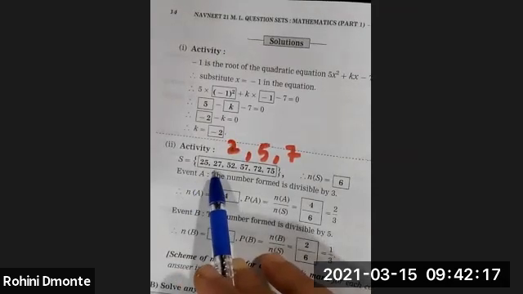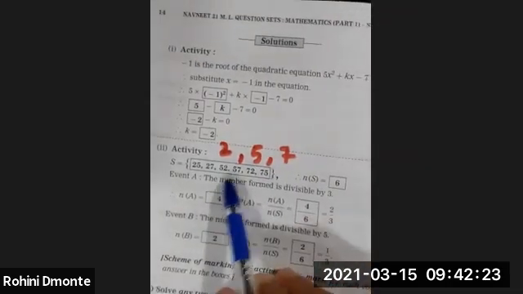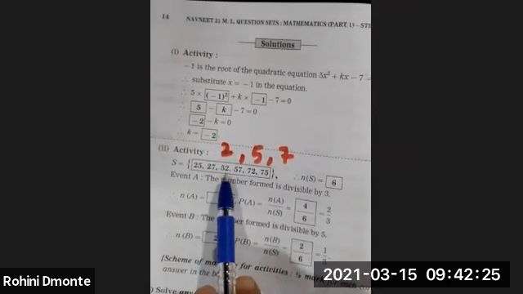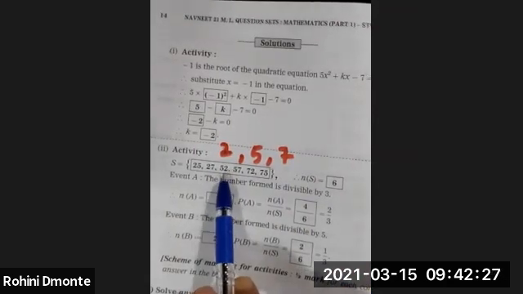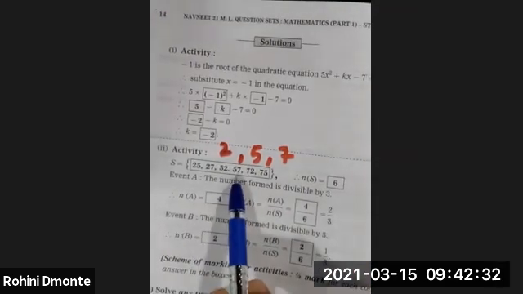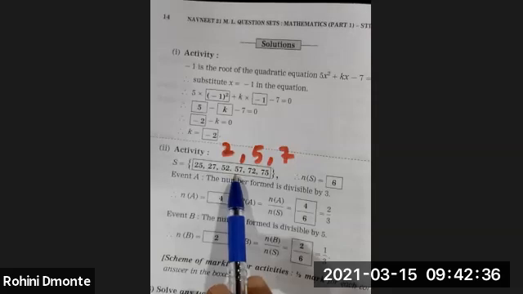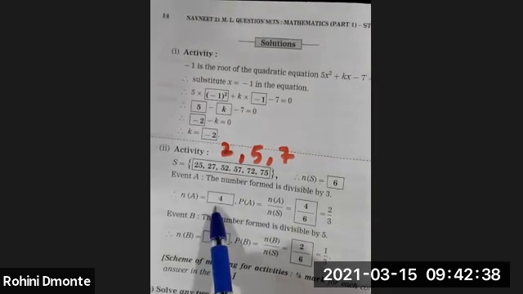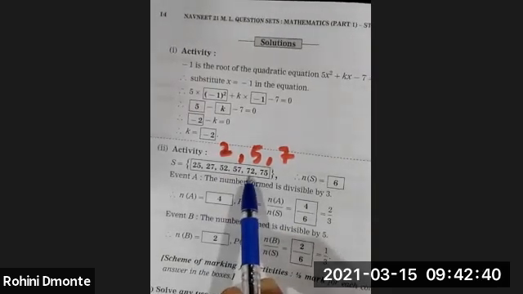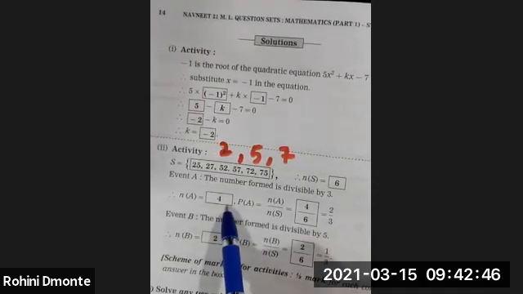Now let us try for 27. 2 plus 7, 9. 9 is divisible by 3, right? Now let us move to the next number, 52. 5 plus 2, 7. 7 is not divisible by 3, so it is not coming here. Now let us move to 57. 7 plus 5, 12. 12 is divisible by 3, so it is coming here. 72: 7 plus 2, 9. 9 is also divisible by 3, so it is also coming here.